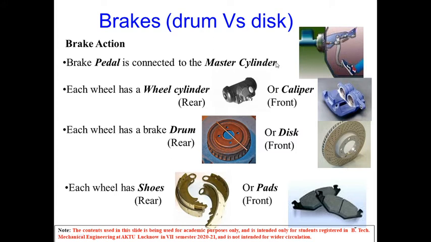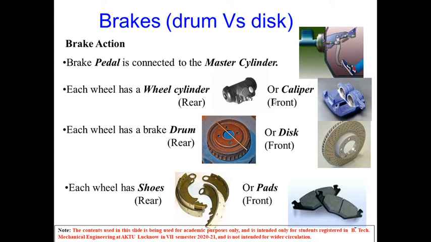We have seen that each wheel has a wheel cylinder. In the case of, say, rear wheels, we have a wheel cylinder. This wheel cylinder is used in the case of the drum brake. So the vehicles which are fitted with drum brakes are fitted with a wheel cylinder for operating the shoe.